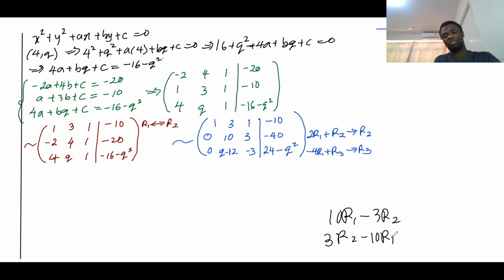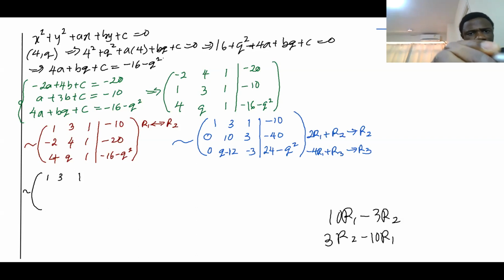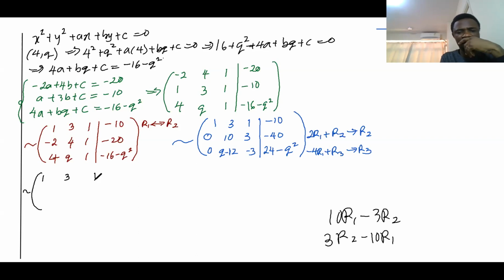It doesn't matter. So let's see what that becomes. Row 1 remains the same. I'm going to leave space between them so our writing can be neat, because of the third row especially.